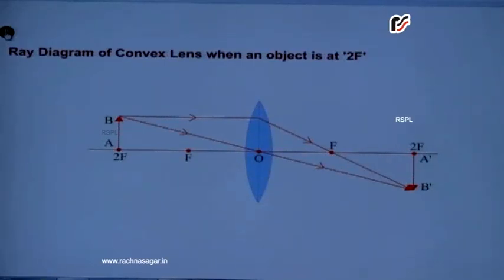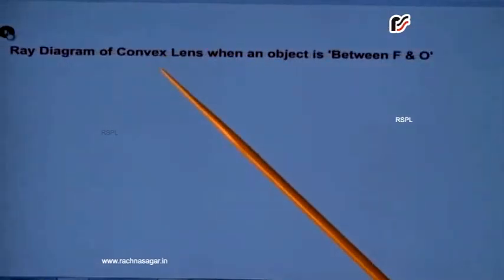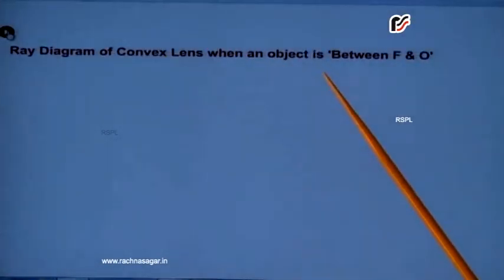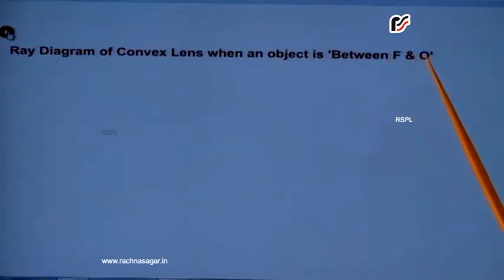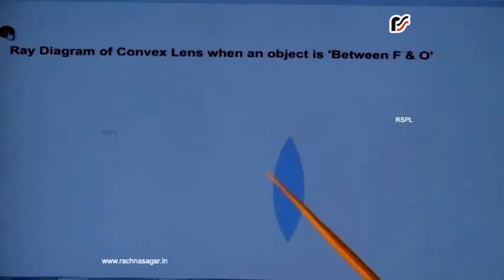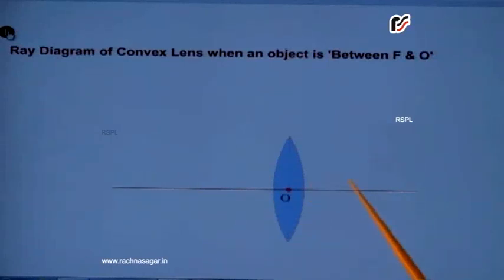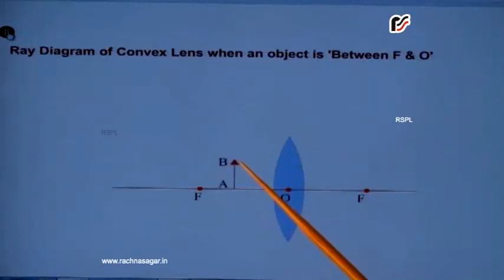Here is the ray diagram of a convex lens when the object is between F and O. Convex lens, draw the principal axis, point the optical center, focus, and an object AB.